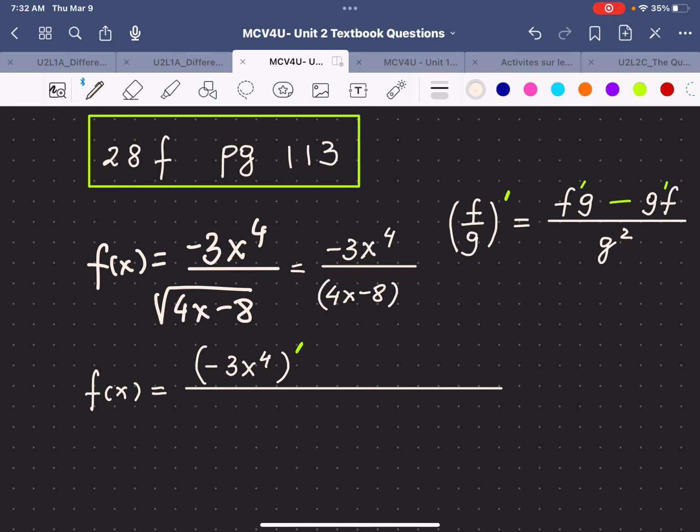In our case, we have the square root of 4x minus 8 converting to 4x minus 8 to the power of a half. So we'll multiply here by 4x minus 8 to the power of 1 over 2, the denominator. And then we have minus, and then take the derivative of the denominator, which is 4x minus 8 to the power of 1 over 2, and then multiplied by the numerator, which is negative 3x^4.